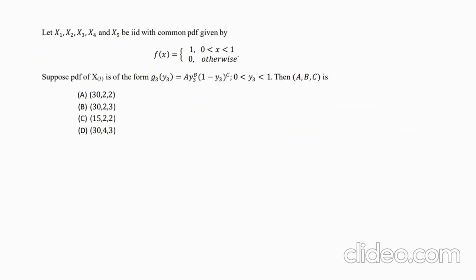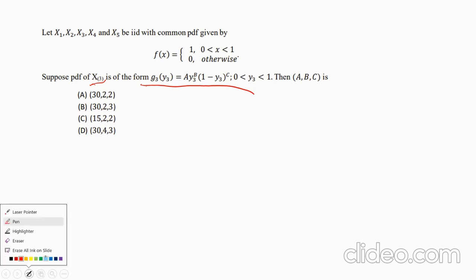Now the next question we have here is that, so this is x3 and this. Now we need to understand what this is. This is the minimum. X3 is generally the minimum.